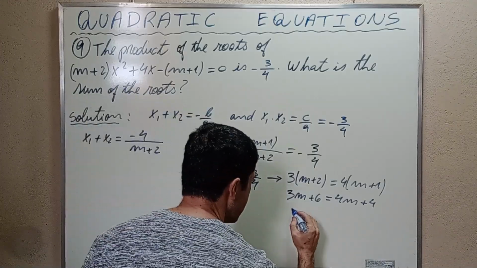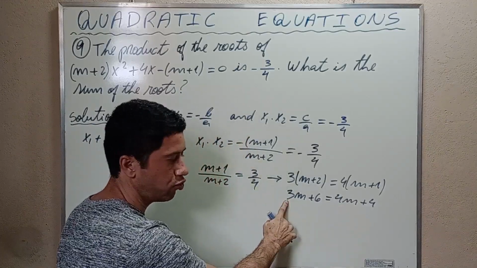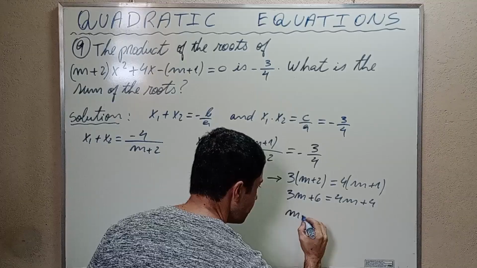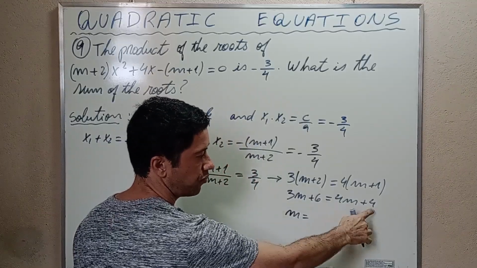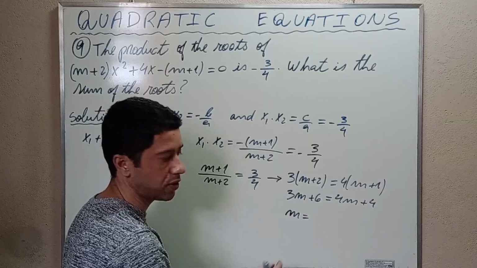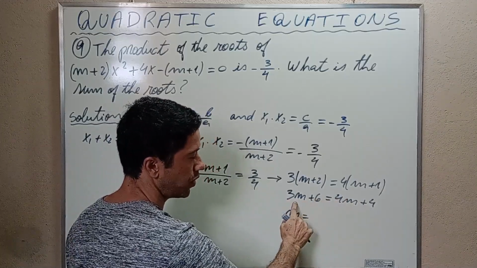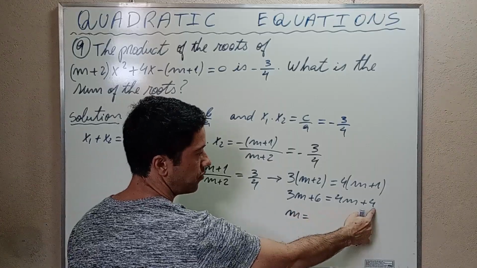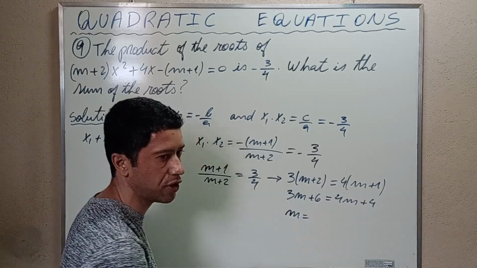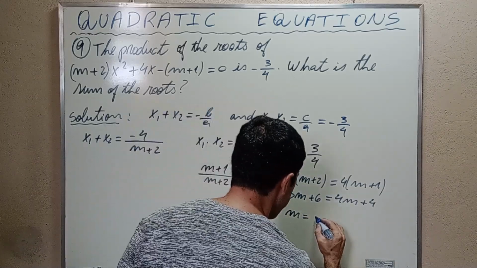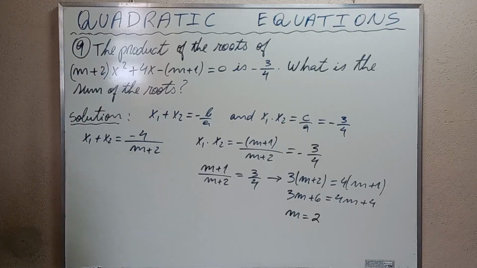Solving this, 4 minus 3 is 1. I pass this. Did you understand? I passed this to this. It becomes 4 minus 3. And now I pass this to this side. It becomes 6 minus 4, and it is equal to 2. Then the value of m is 2.